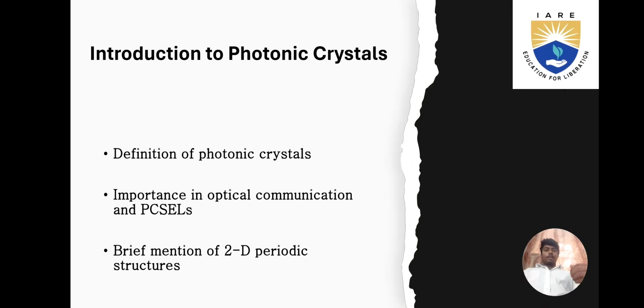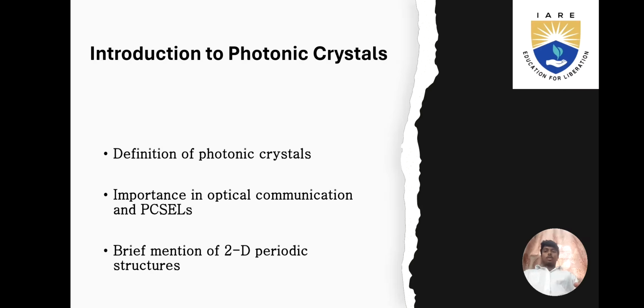Periodic structure: the geometry at the wavelength scale, 1D, 2D, or 3D, dictates the photonic behavior like defect modes or waveguiding. And the next thing is manipulation of light. They allow confinement, localization, and enhancement of light-matter interactions crucial for LEDs, lasers, and solar cells.